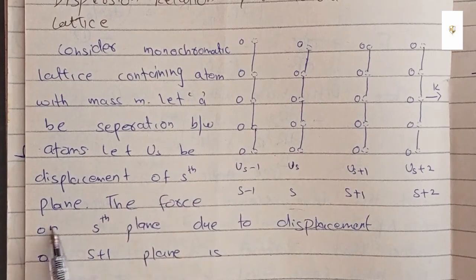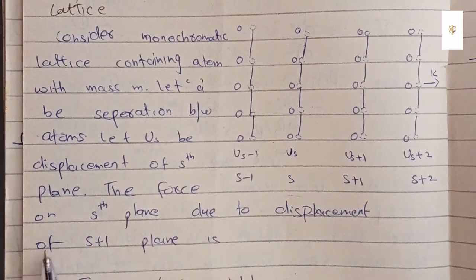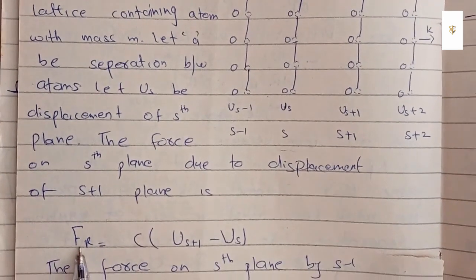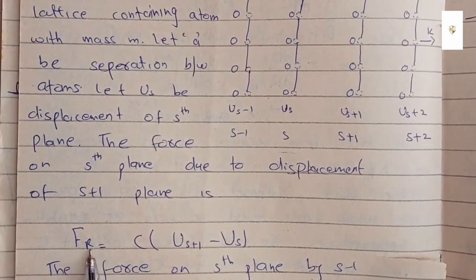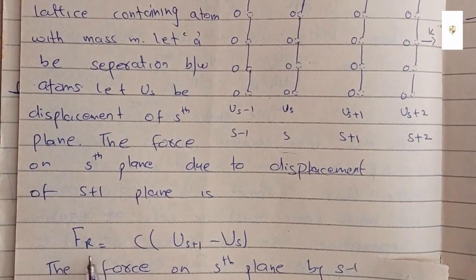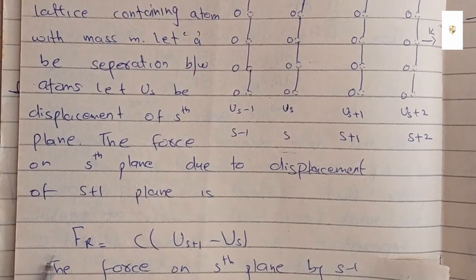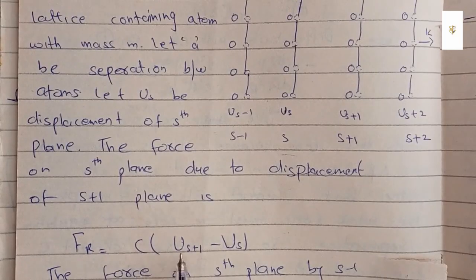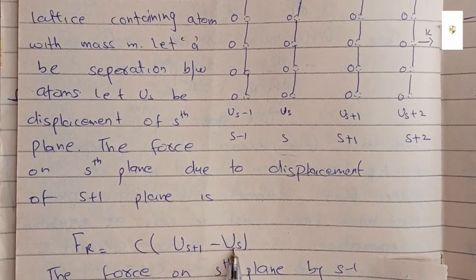The force on the s plane due to the displacement of the s plus 1 plane is given by F_R, where R shows the right-hand side, is equal to C(u_{s+1} minus u_s).